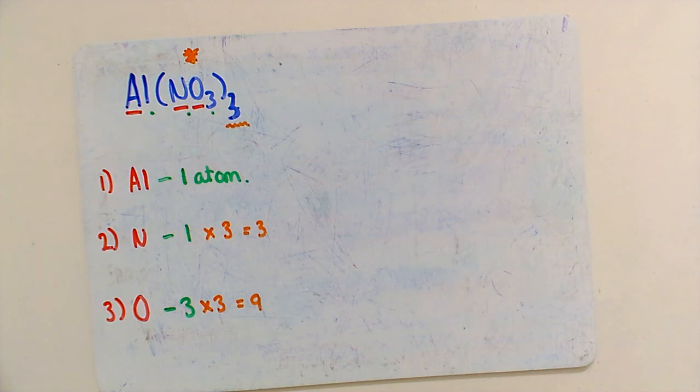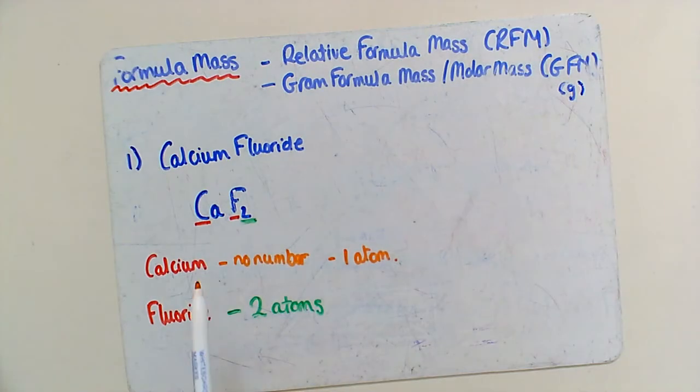So those are our rules for working out what elements are inside a formula and how many of each type of atom. When we don't have brackets, all we're doing is looking for the numbers after symbols, and remember, no number means 1.